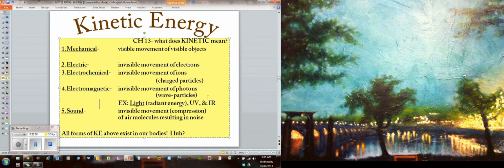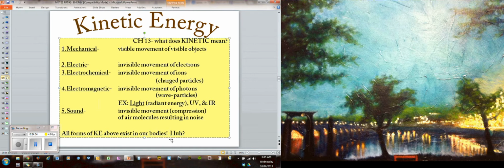We get some mild microwave radiation and radio waves, background noise, just from outer space. This kind of energy is surrounding us all over. You even give off electromagnetic radiation. You give it off, and we usually just say that you're giving it off in the form of heat, but it does have electromagnetic properties. And finally, we have sound, the invisible movement or compression of air molecules, which results in noise.